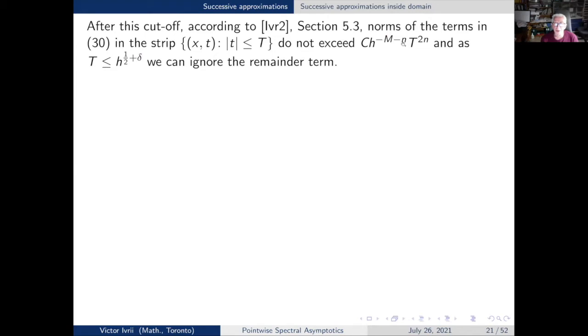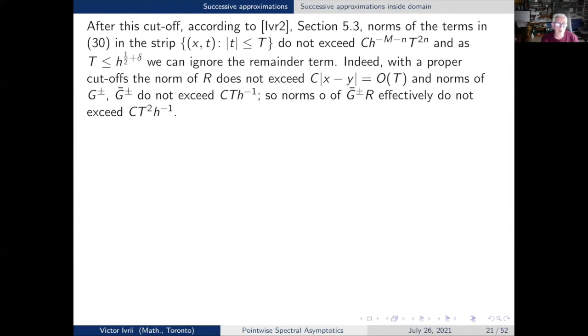But look at this: each time x minus y is of magnitude not exceeding t, and from the Duhamel principle comes an extra factor t, but we need to divide by h. So every next term acquires the factor t squared over h. And then when t is less than h to the 1/2 plus delta, we can ignore the remaining term. We did the proper cutoff, the norm does not exceed this, and it's explained.